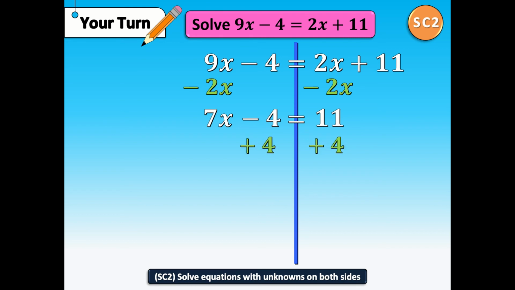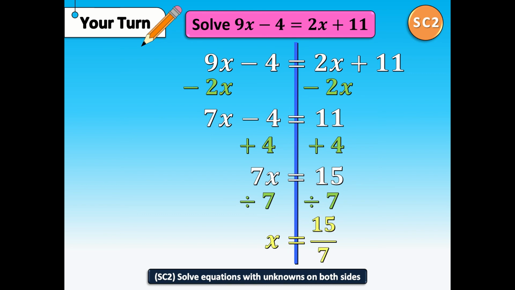Then we add 4 to both sides. So we have 7x equals 15. Then we divide both sides by 7. So x is 15 over 7.